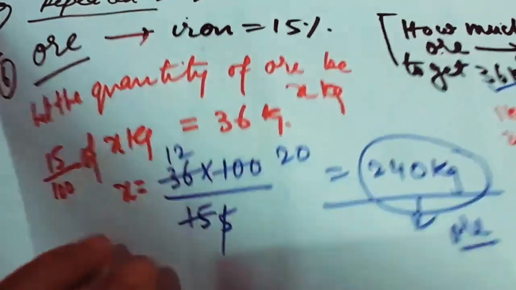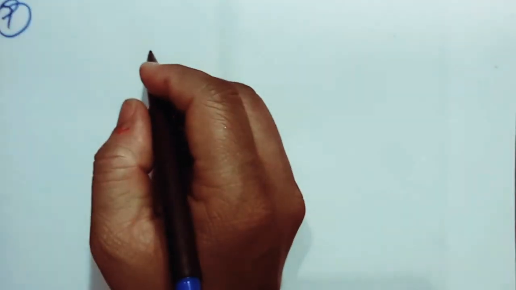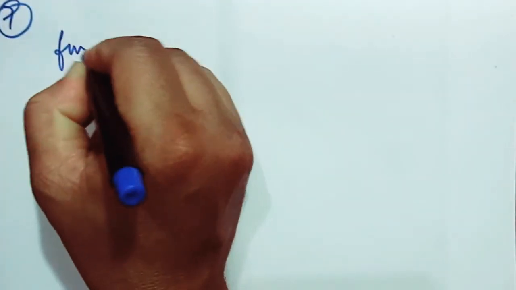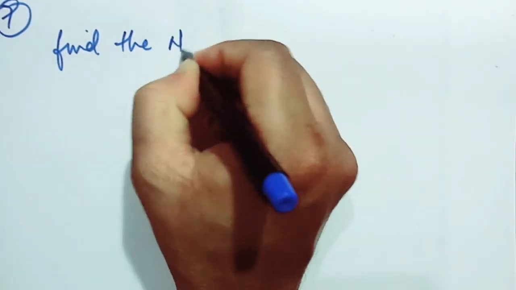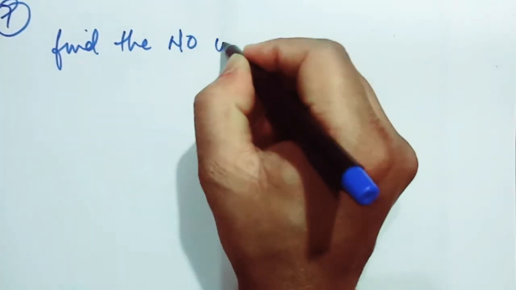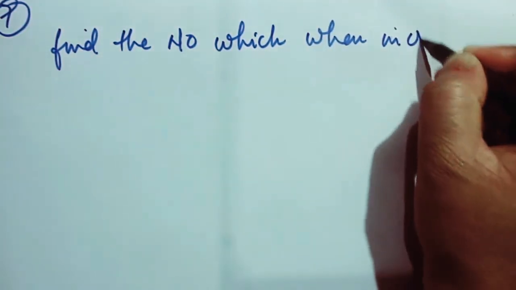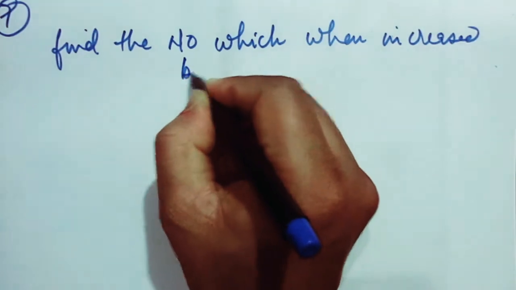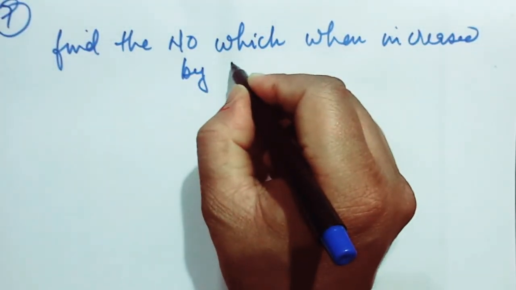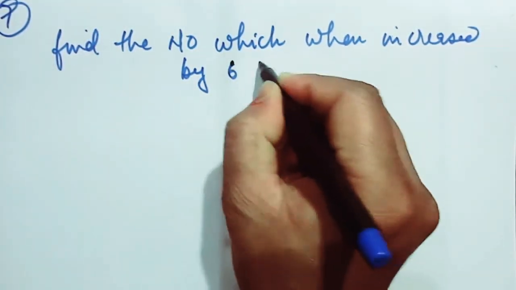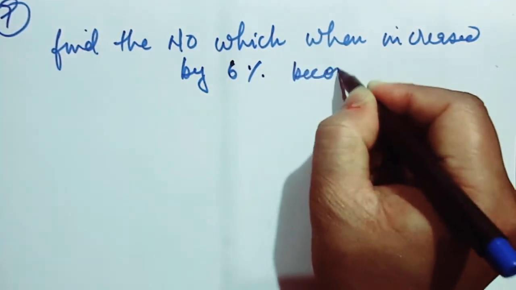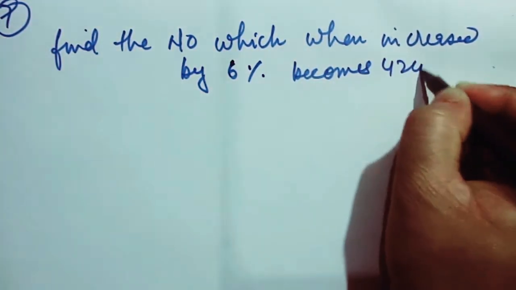Okay, let's come to number 7 so that we can quickly finish it. Find the number which when increased by 6% becomes 424.